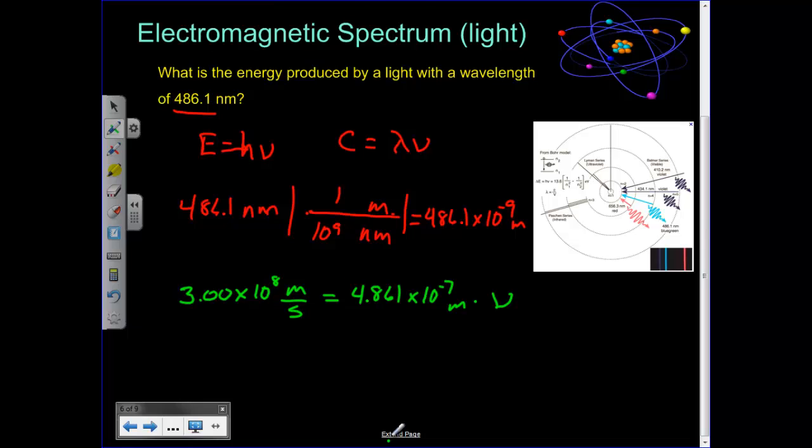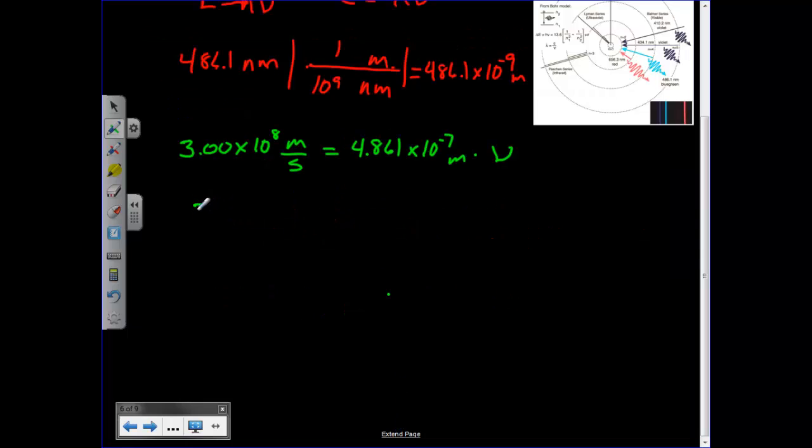Now we've got to get to frequency, so we have 3.00 times 10 to the 8th meters per second divided by 4.861 times 10 to the minus 7th meters, which will equal our frequency.